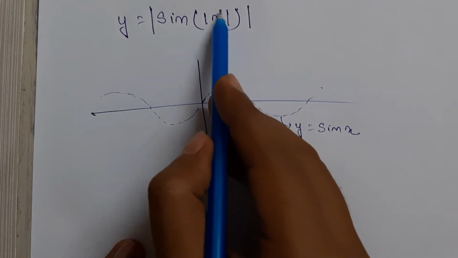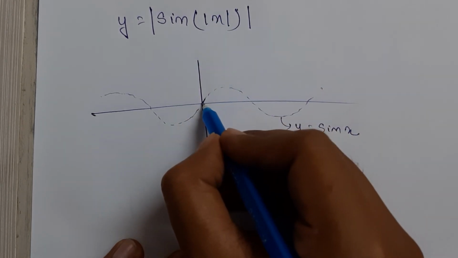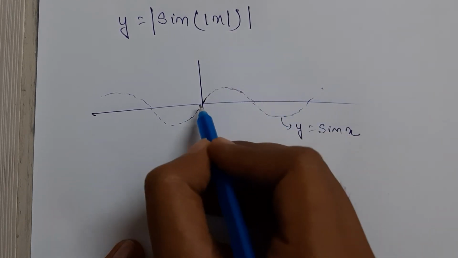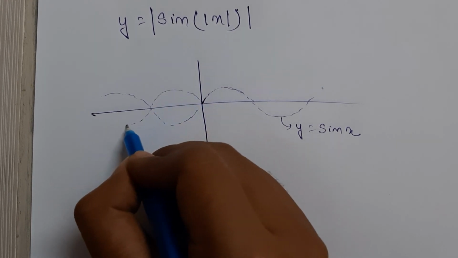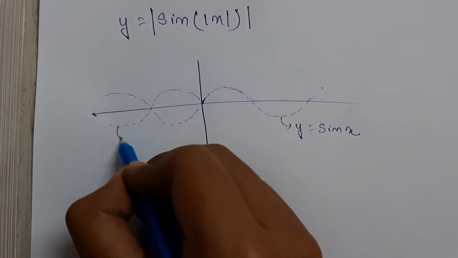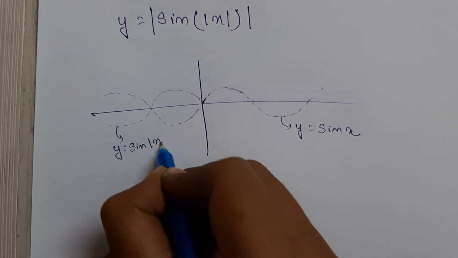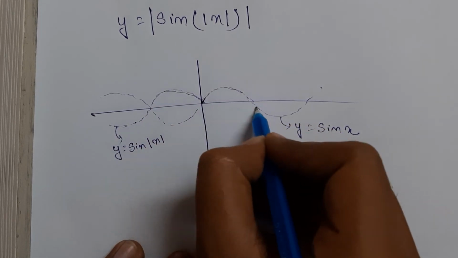Now we have given mod here, right? For giving mod here, this value will remain the same, but here we will get an image of it. So this will be y is equal to sin of mod x, right?